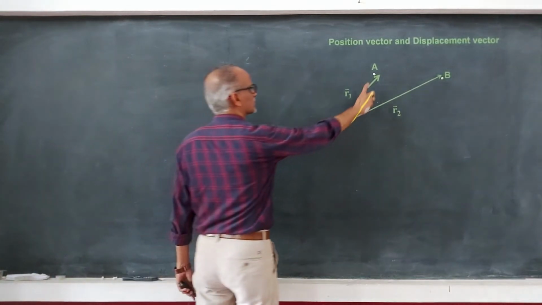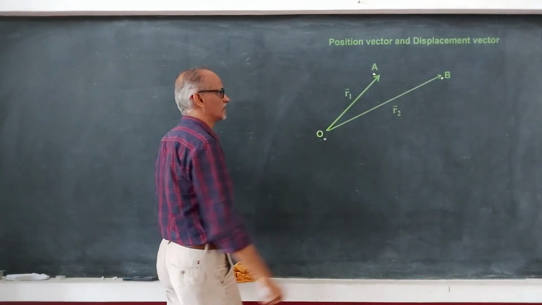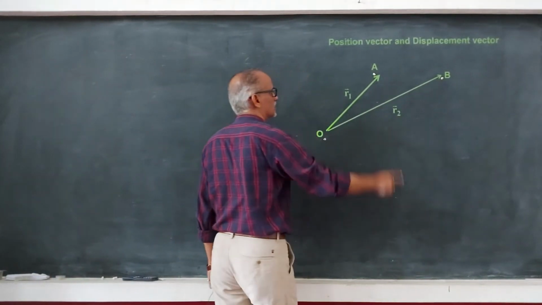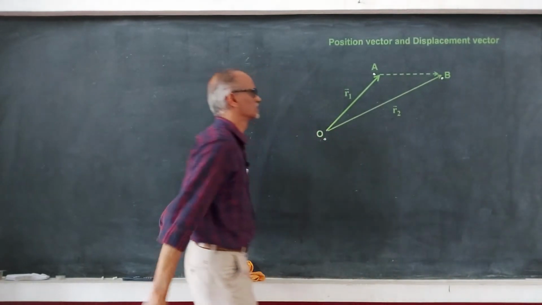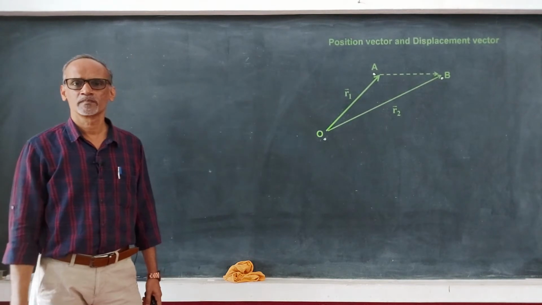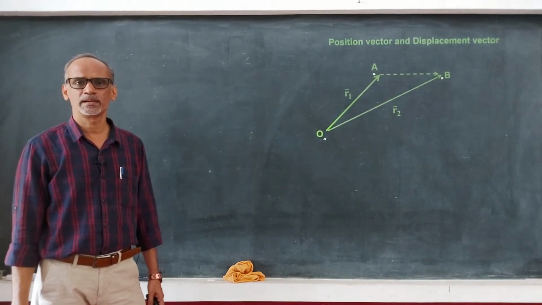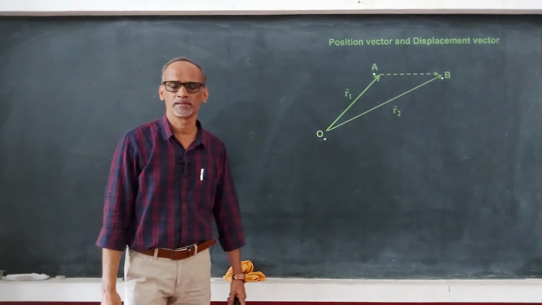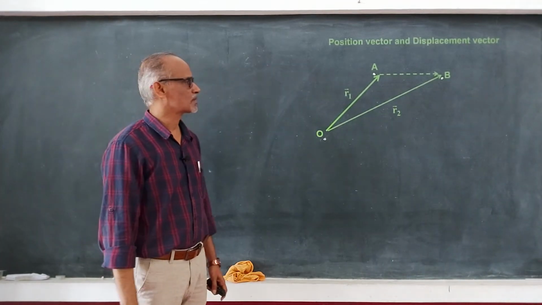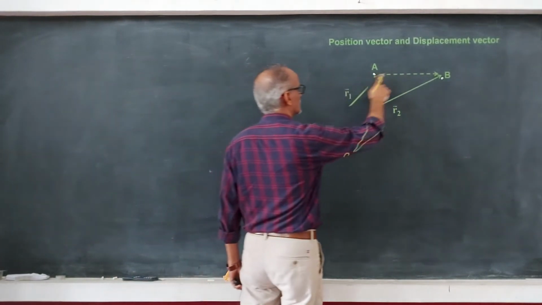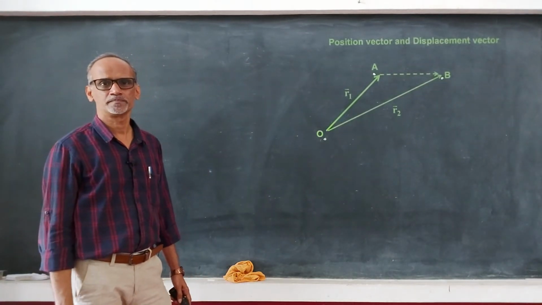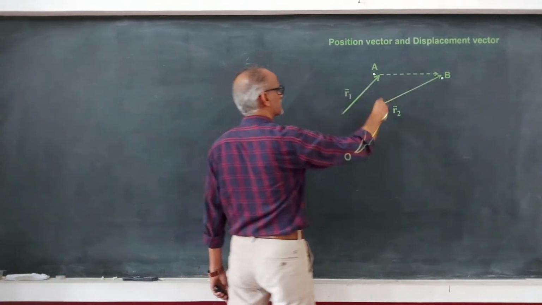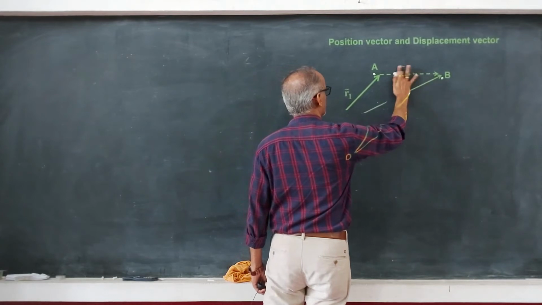This is the initial position, correct? This is the new position. Initial to final will be like this, correct? What do we call that? That's called the displacement vector. So the vector drawn from the initial position to the final position is called the displacement vector. What is the value of the displacement vector? Let that vector be x.